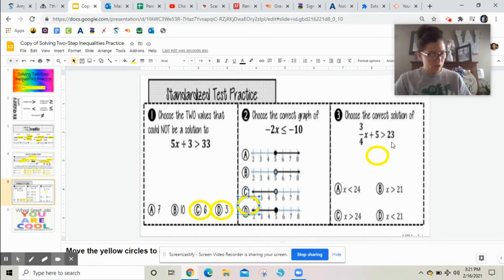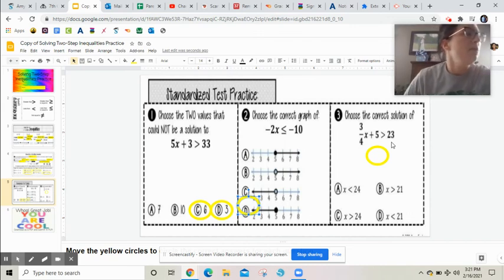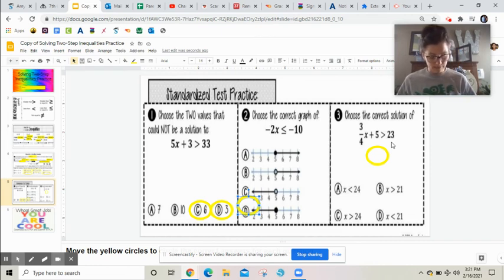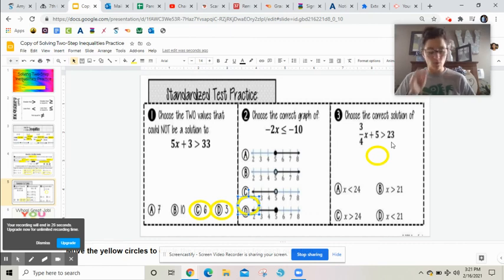Okay, so if we subtract 5 from both sides, we would get 3/4 x is greater than 18. Okay, and then we want to multiply both sides by the reciprocal. All right, and if you have a calculator, you can use it. So if we did that real quick, 18 times 4 equals 72 divided by 3, which is 24. So we would get x is greater than 24.